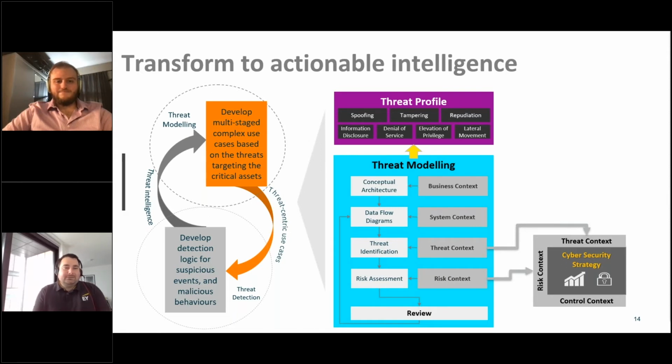By using the intelligence, you're able to develop these complex use cases based on threats, based on the CEFs that you got from the organizational view, and as a response to that, you're able to fuel the detection logic within the organization to really catch malicious behavior that may or may not be following the exact intelligence picture that you developed in the beginning.